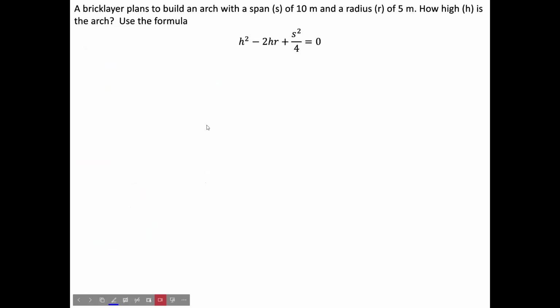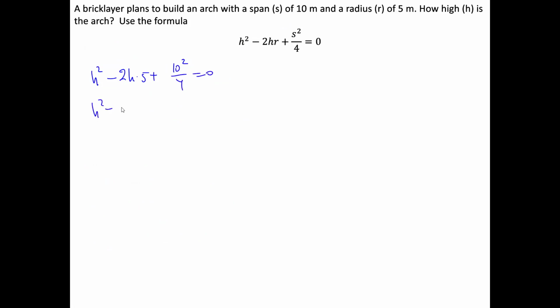Okay. A bricklayer plans to build an arc with span 10 and R 5. So h squared minus 2h times 5 plus 10 squared over 4 equals 0.